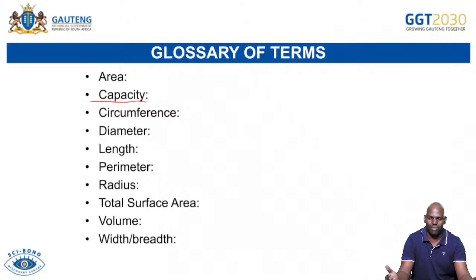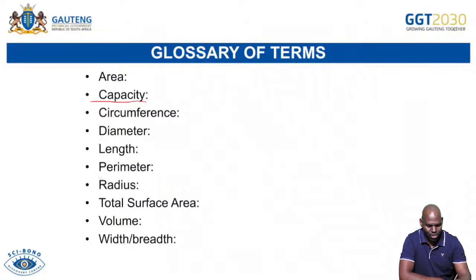Perimeter is the total length around a two-dimensional figure. Remember, circumference is a total length around a circle. But the perimeter is a total length around a two-dimensional shape.